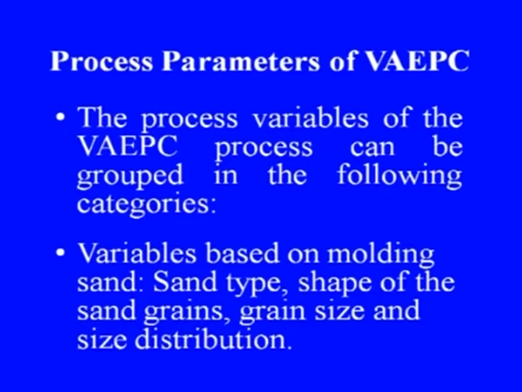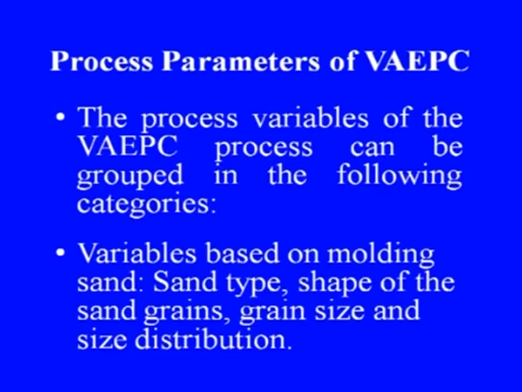Now, let us see the process parameters that affect the vacuum assisted evaporative pattern casting. The process variables can be grouped in the following categories. Number 1, the variables based on molding sand.